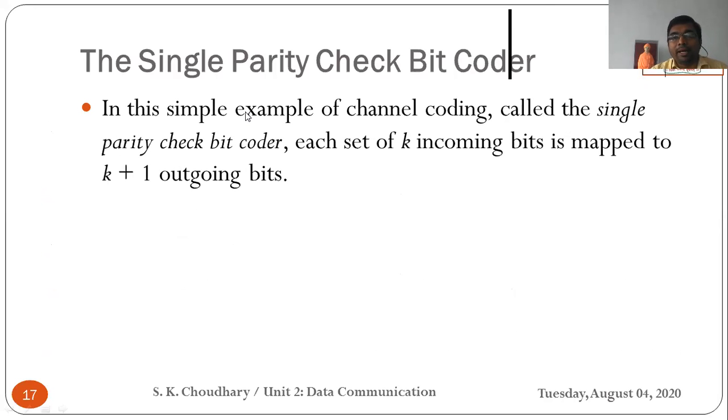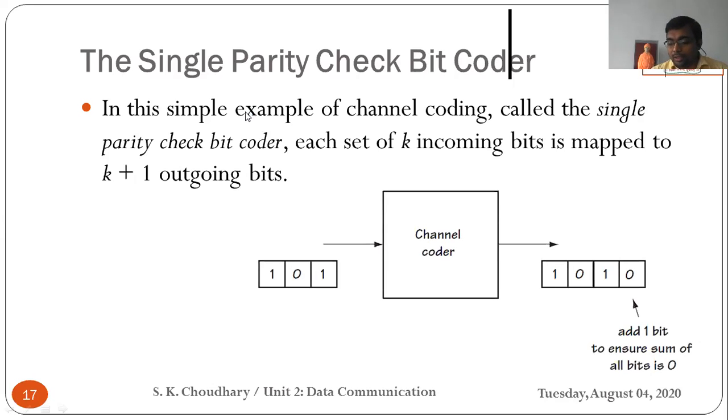So what is a single parity check bit coder? In this simple example, this is one of the methods of channel coding, and we will learn about channel coding throughout this chapter. Single parity check bit coder: each set of k incoming bits is mapped to k plus one outgoing bits. This block diagram shows the single parity bit check coder.